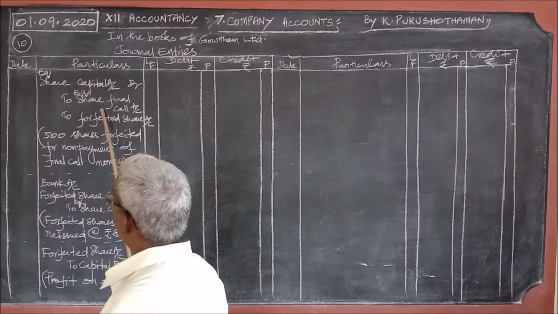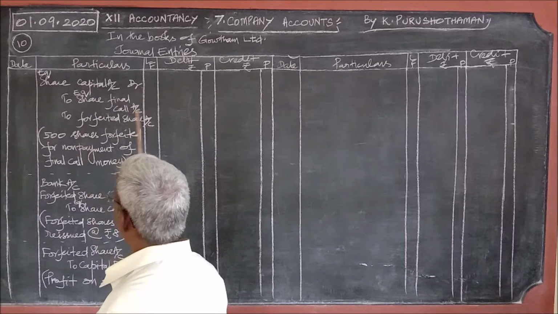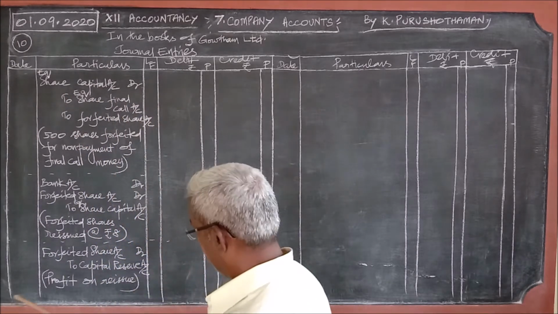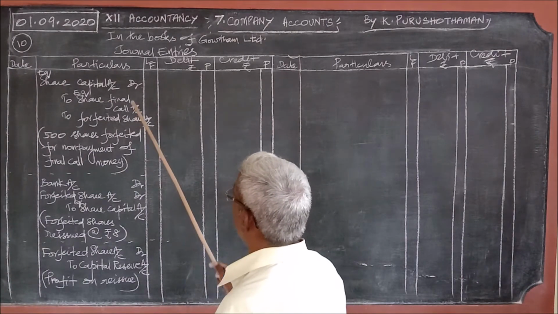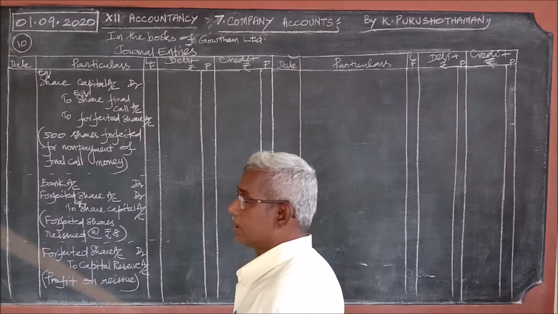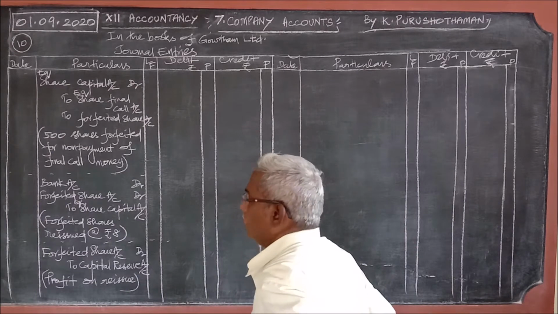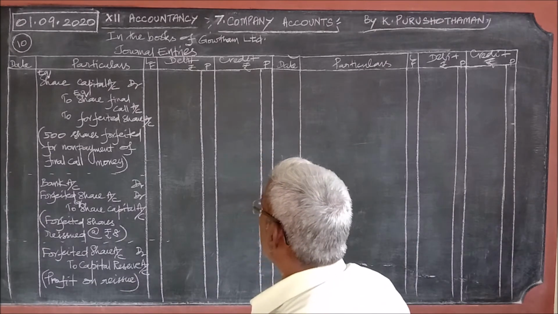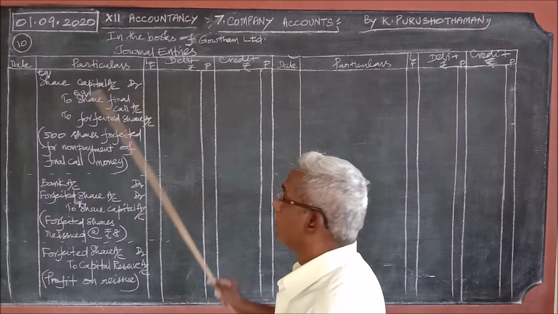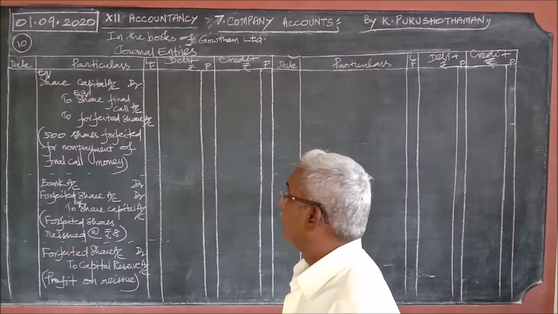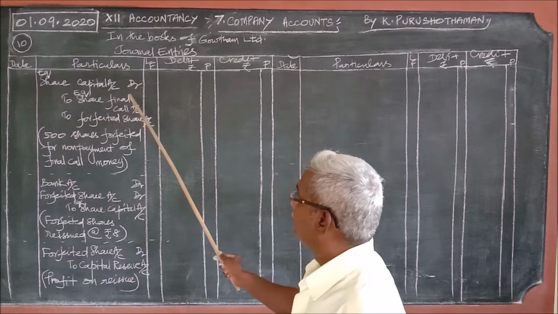But in this problem, only the final call money is not paid. Therefore, we should write this alone: to equity share final call account.